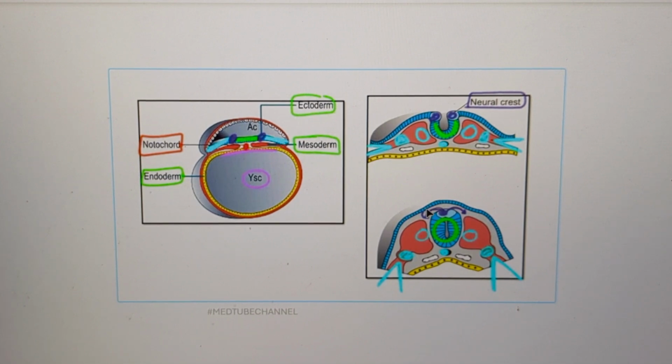At the periphery, the surface ectoderm gives rise to the skin's surface epithelium, the epidermis. Between the neuroectoderm and the surface ectoderm, the neural crest cells emerge. These cells develop dorsally and ventrally to the neural tube.